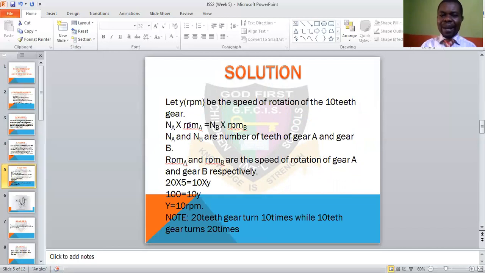NA times RPM A means number of teeth of gear A times speed of rotation, or revolution per minute of gear A, sorry.